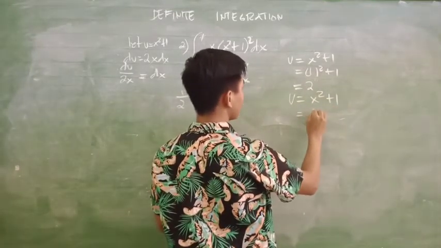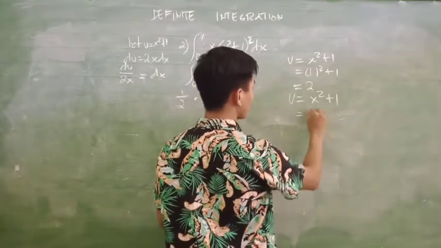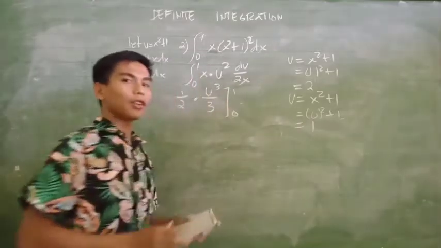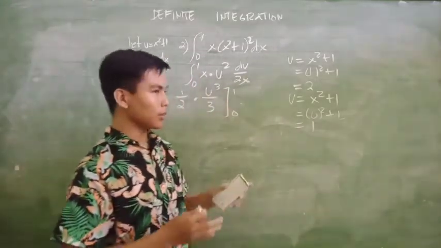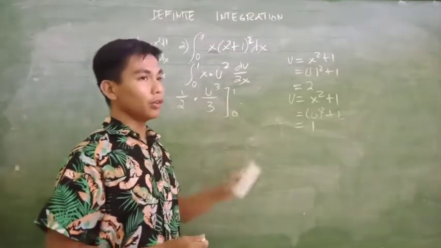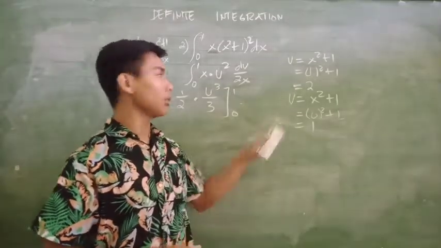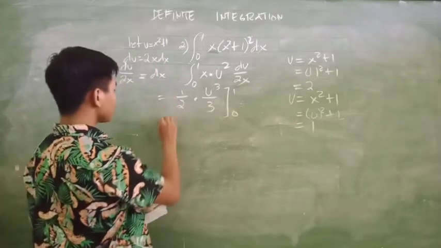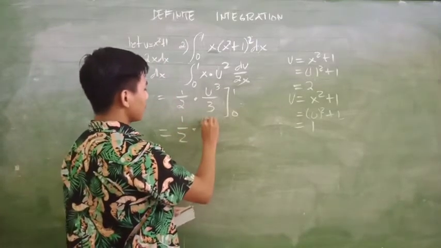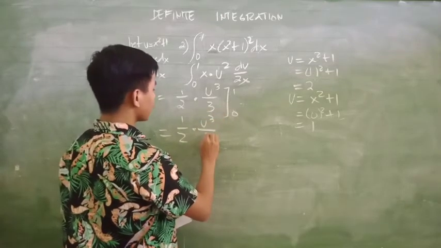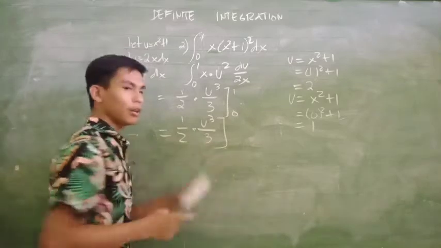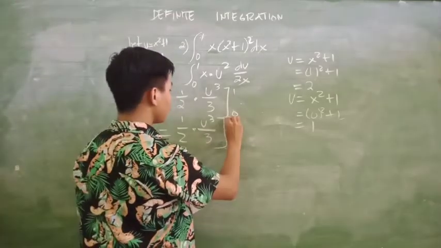So this would be 0 squared plus 1, and this would be 1. After substituting lower and upper intervals, we can now change our new interval in terms of u. So we'll have 1/2 times u raised to 3 over 3, in terms of lower interval 1 and upper interval 2.